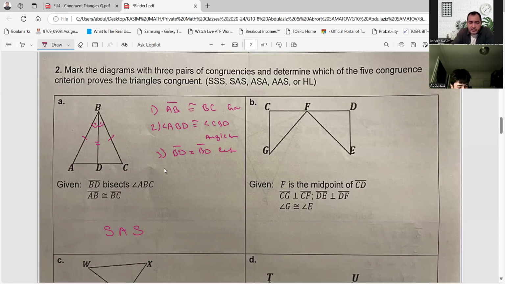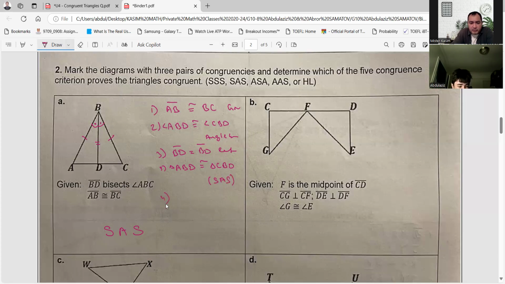So that's it. And now we can write here that triangle ABD is congruent to triangle CBD. Why? The reason is side, angle, side.